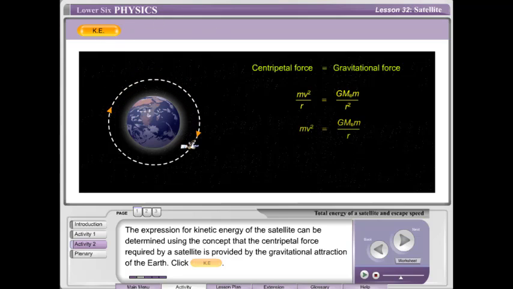Centripetal force m v squared over r equals G M_E M over r squared, which is the gravitational force, which implies m v squared equals G M_E M over r. Kinetic energy K equals half m v squared, which equals half G M_E M over r.